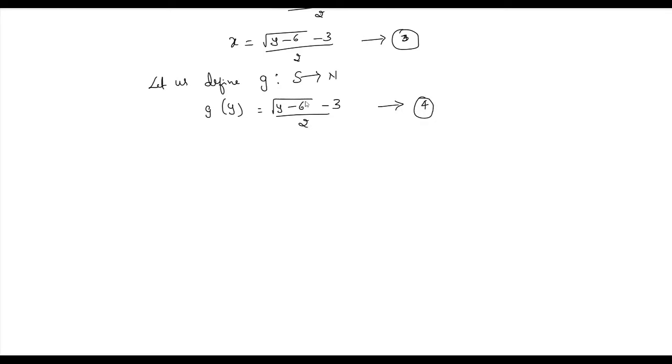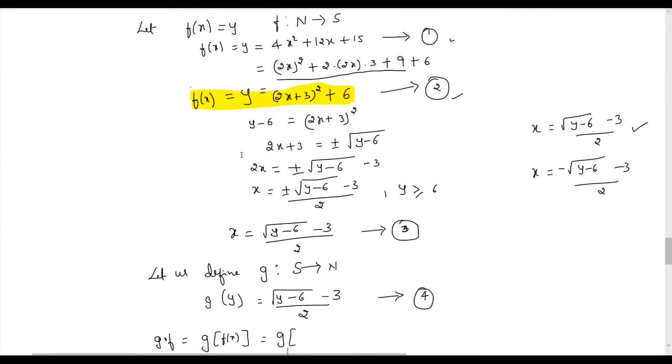Now we have two functions. We'll check the composition of these two functions. First, let us check g circle f, g of f of x. As I told you before, I will not be substituting from equation 1. I will be substituting from equation 2, which is 2x plus 3 whole square plus 6.